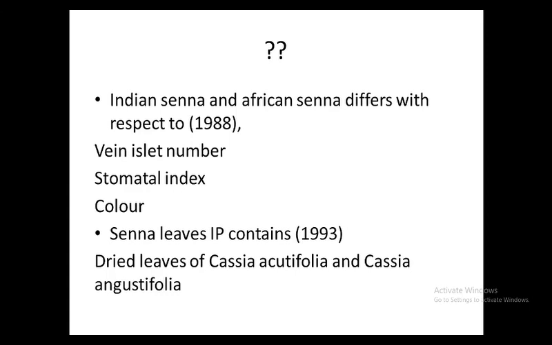Next, second question: the Senna leaves IP contains. This question appeared in GPAT 1993. The Senna leaves IP contains dried leaves of Cassia acutifolia and Cassia angustifolia. This is the correct answer.